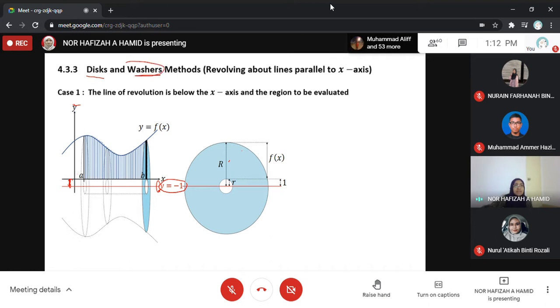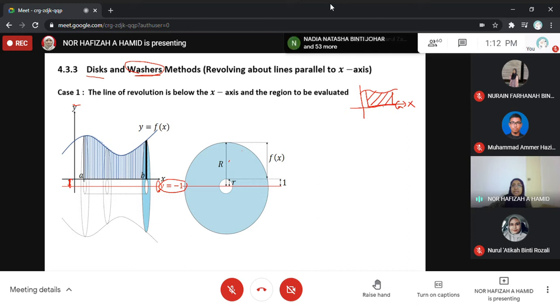Okay, so bila you have gap between shaded region and axis of the revolution, then we need to solve using washer method. Okay, so kalau this dia tak ada gap ni kalau you dah lupa hari tu, contoh yang ni, for example, revolve at the x-axis. So kalau you punya shaded region, dia attach directly with the axis of the revolution.